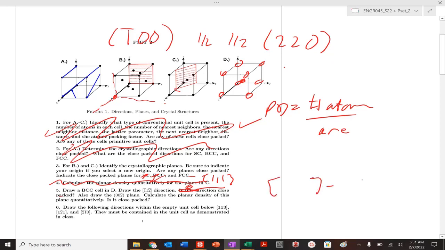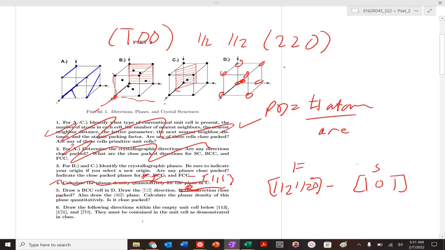So I need this to be a half. So this will be 1/2, 1, and then 1/2, 0, and then 1 will be 0, and then 1. So this is my finish.